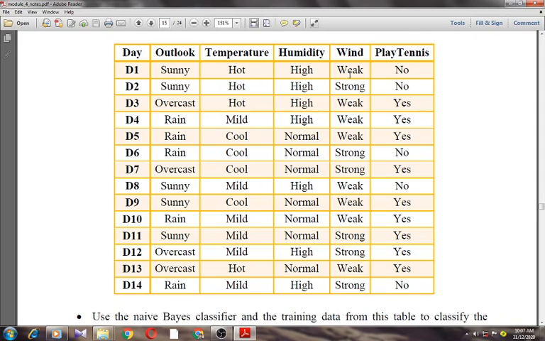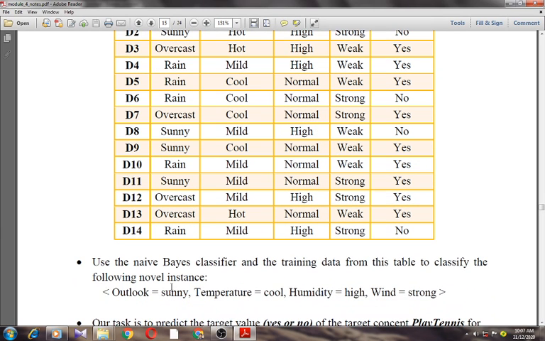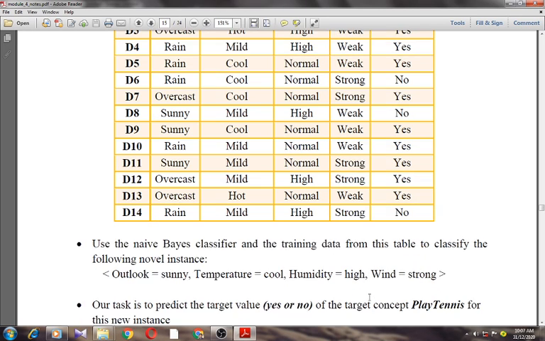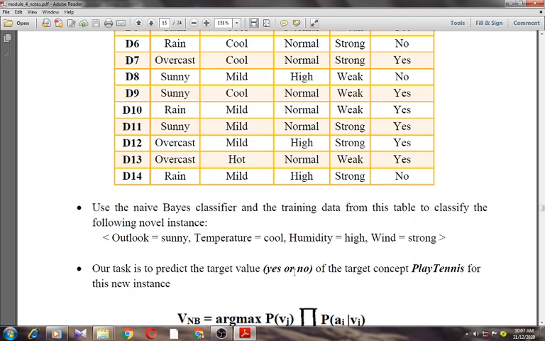Here we use the Naive Bayes classifier and the training data from this table to classify the following novel instance: outlook equal to sunny, temperature equal to cool, humidity equal to high, and wind equal to strong. Here our task is to predict the target value, that is yes or no, of the target concept play tennis for this new instance.